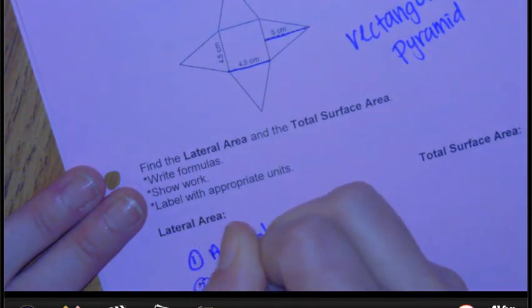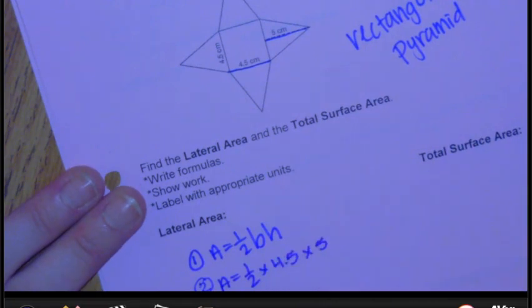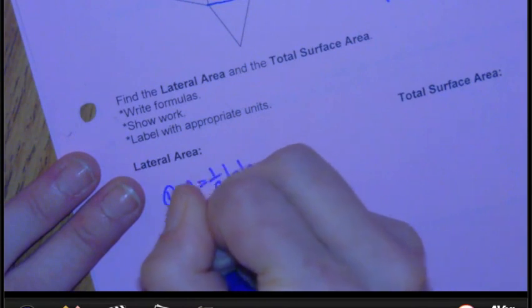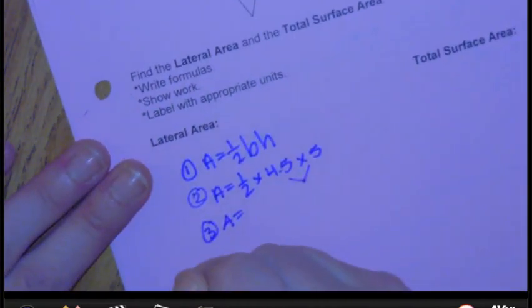So area is equal to 1/2 times 4.5 times 5. Third step is to solve. Area is equal to, well, I'm going to go ahead and do 4.5 times 5. 5 times 5 is 25. 5 times 4 is 20 plus 2 is 22. 1 decimal place.